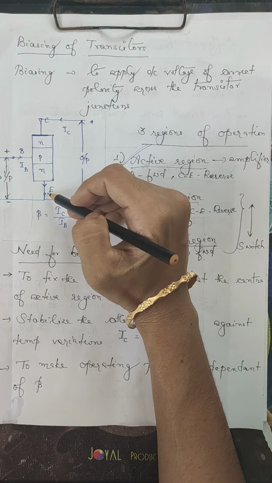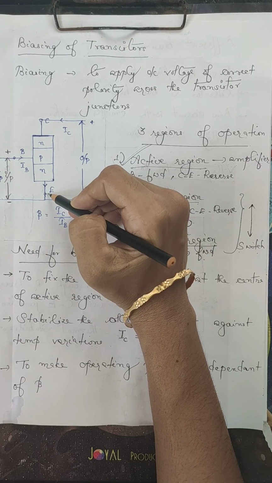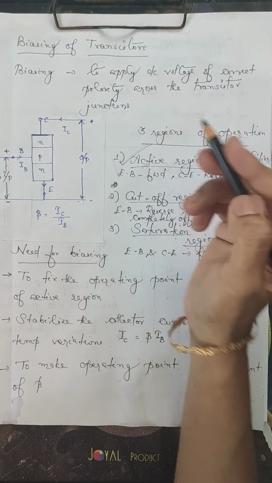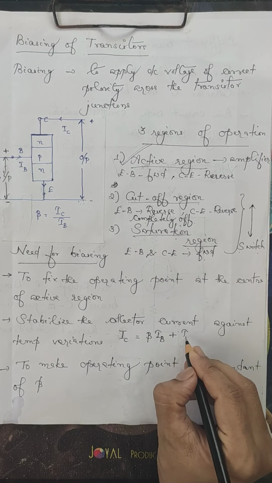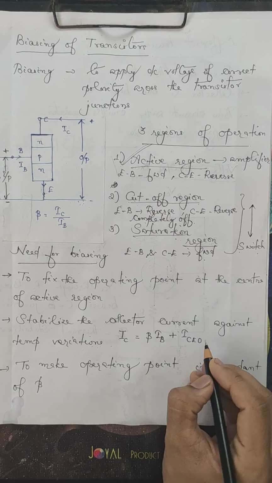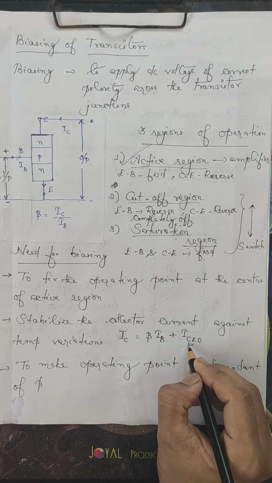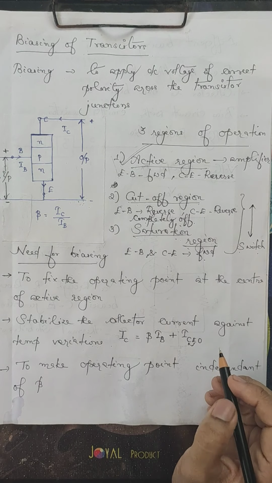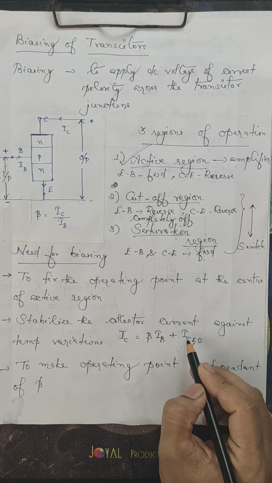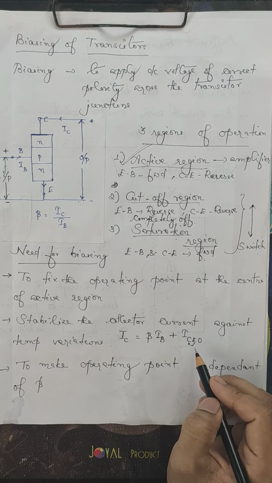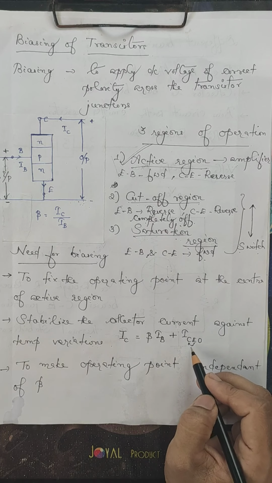In addition to this current, as the collector-emitter junction is reverse biased, a reverse saturation current will flow across the collector-emitter junction. This current can be represented as ICEO, the reverse saturation current flowing across the collector-emitter junction. Whenever a junction is reverse biased, a reverse saturation current will flow across the junction, and the reverse saturation current is due to the flow of minority carriers, which are thermally generated.